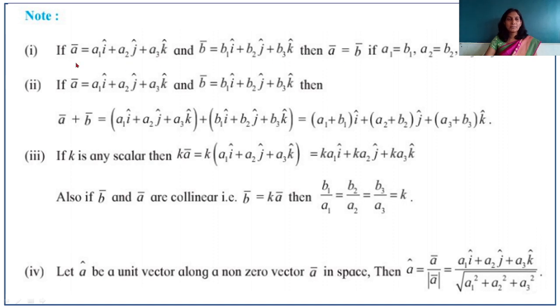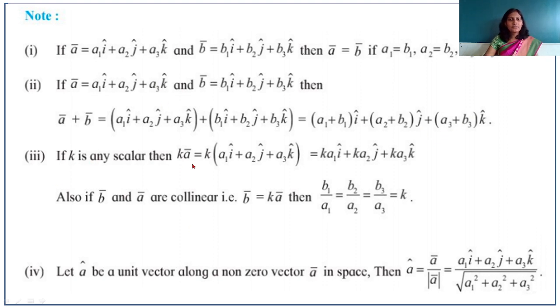This is a very simple note. Then a bar plus b bar, we add the corresponding coefficients, that is (a1 plus b1) i cap, (a2 plus b2) j cap, (a3 plus b3) k cap.